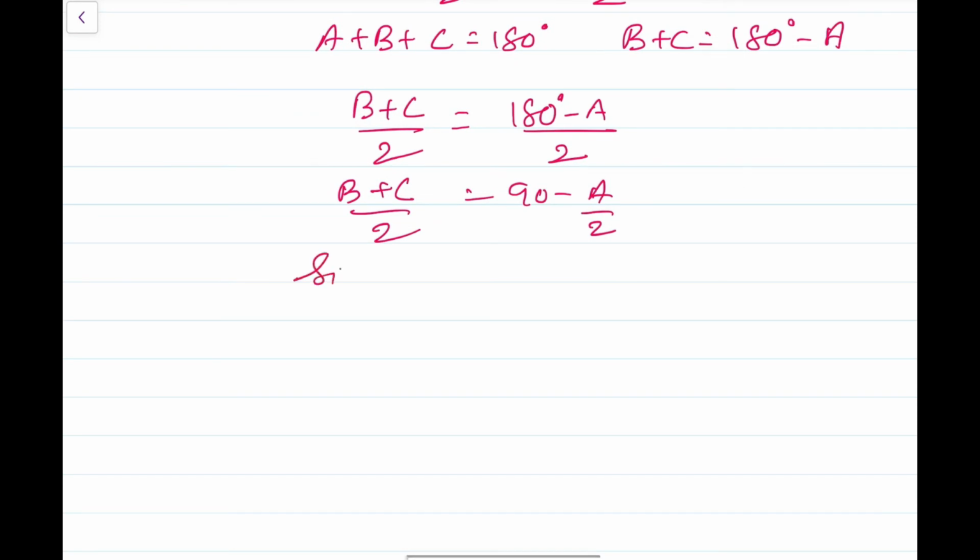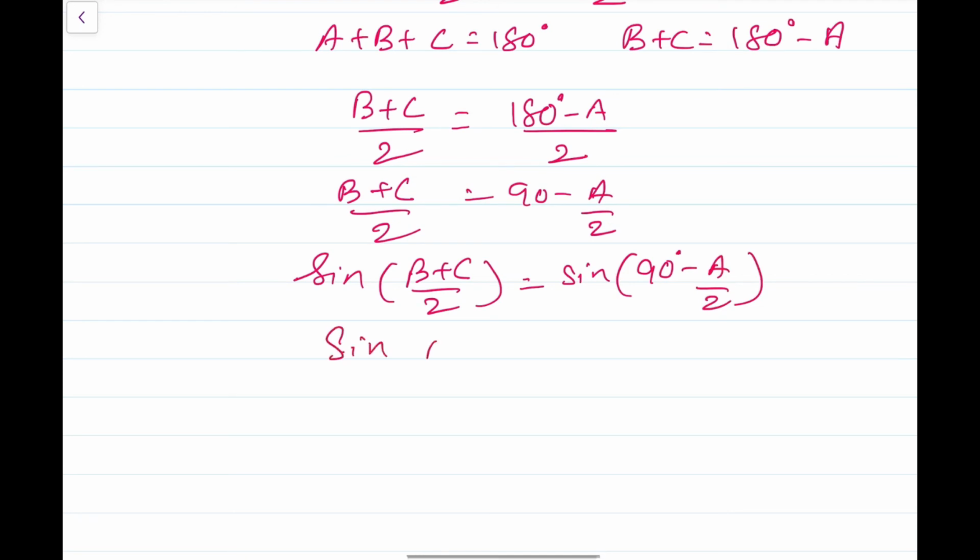Now sin (B plus C) upon 2 is equal to sin (90 minus A by 2). So I get sin (B plus C) by 2 is equal to cos A by 2.